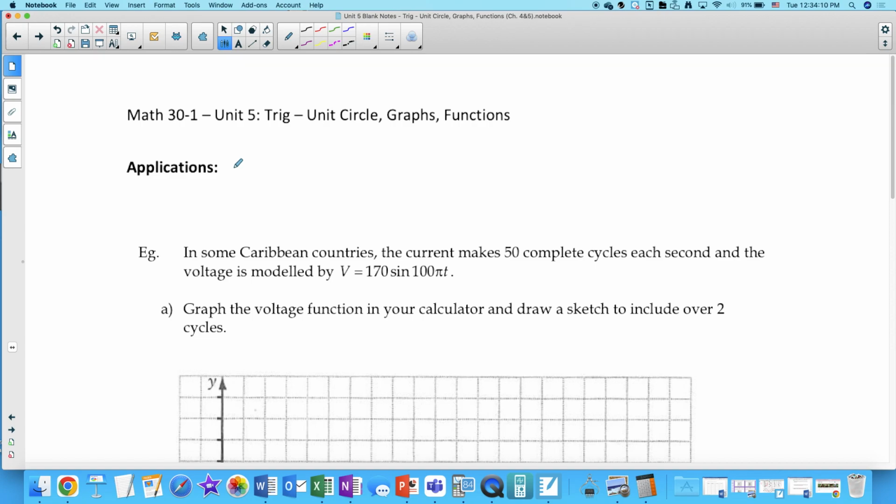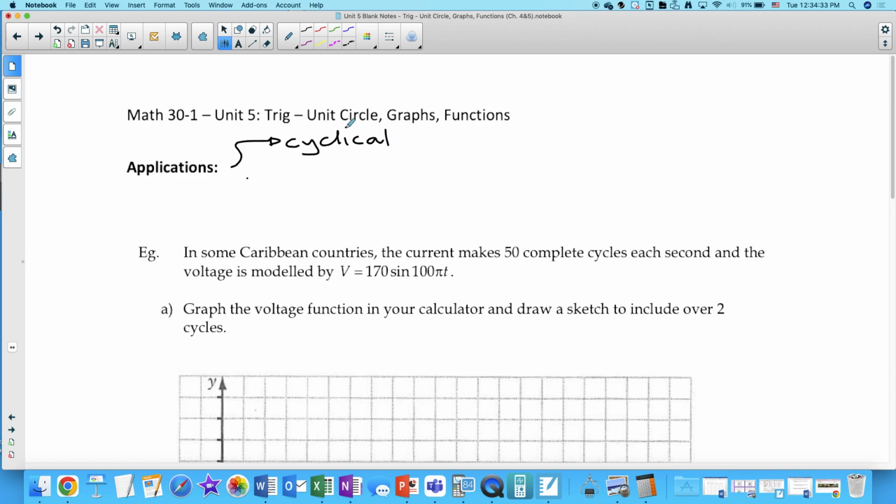Applications of trigonometric functions. There are a ton because anything that follows a cycle can typically be modeled with a trigonometric function, right? So applications will be cyclical.